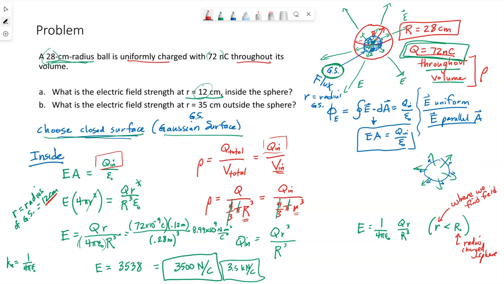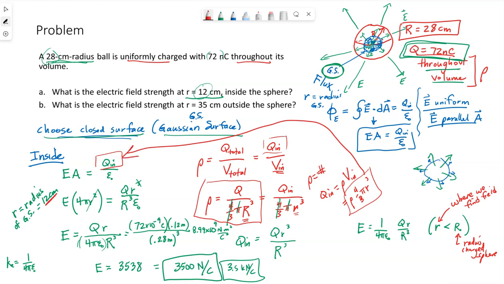It's totally possible, if we go back, I mentioned before, you can totally solve for rho, because we know the total charge and that total radius. So you could calculate that value and say Qn was rho times Vn. It's the same setup, just calculating in a different order, and plug this portion in for Qn over here.